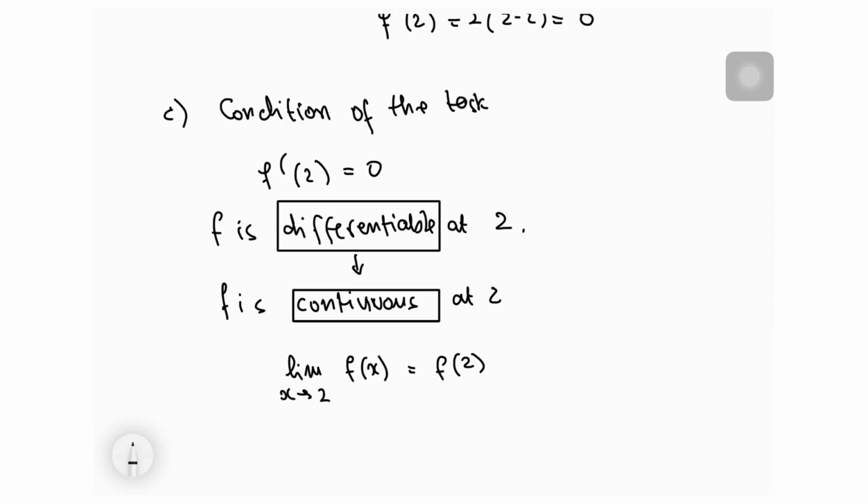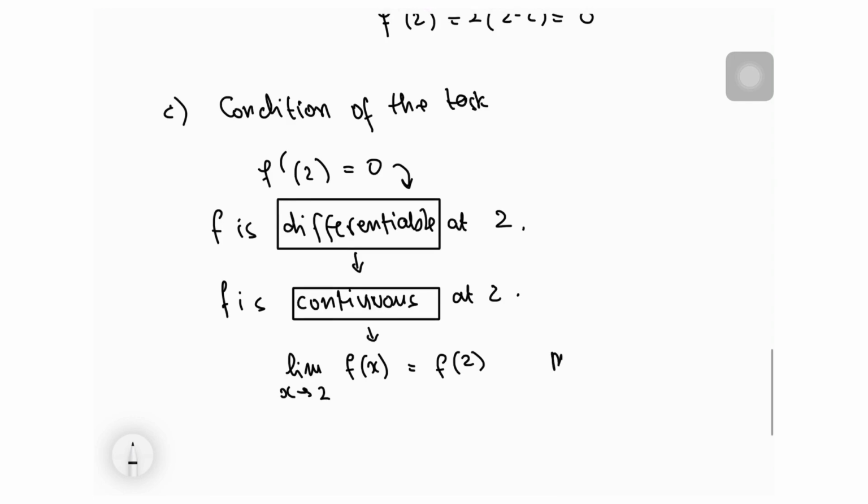So f prime of 2 means f is differentiable at 2, and f is then continuous at 2, and that means the limit when x approaches 2 of f of x is f of 2. So this must be true.